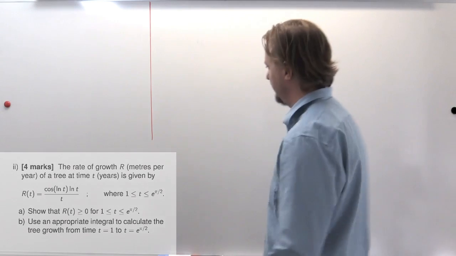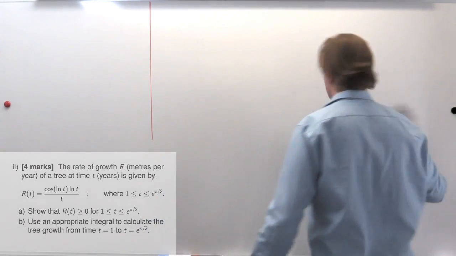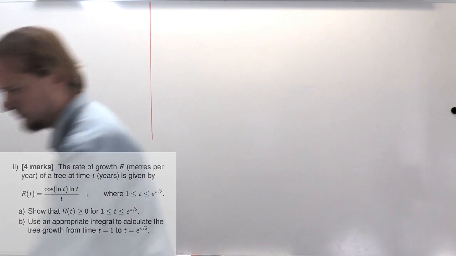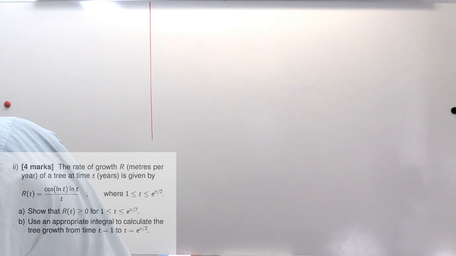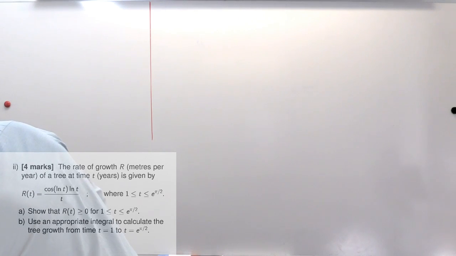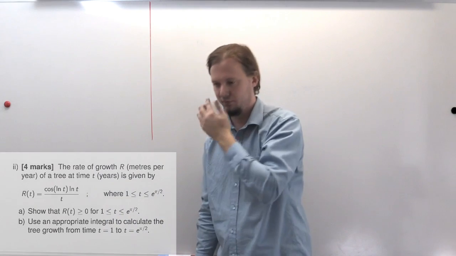Right, so this is a question about an integral. Well, at least it is about an integral, but it may not explicitly say it yet. So you're told that the growth rate of a tree, given in meters per year, has a very particular form.